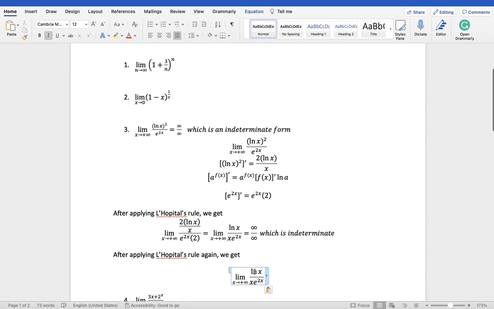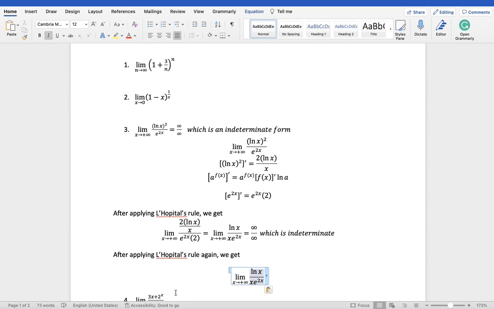So what's the derivative of the numerator? What's the derivative of our numerator here? That's your guys' job now. Tell me. What's the derivative of ln x? 1 over x. Exactly.